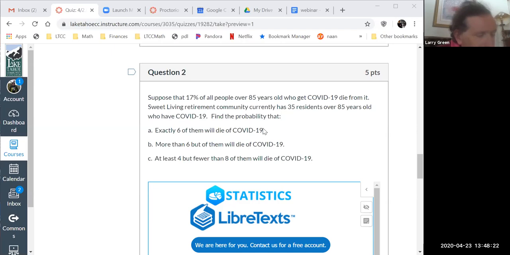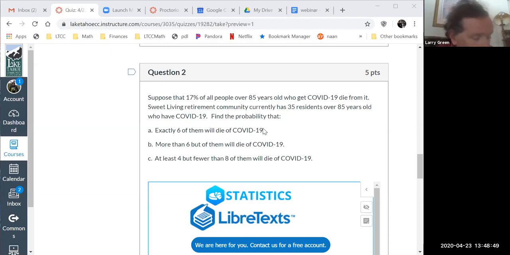So exactly 6. So I'm just going to write down in my little notes, we have 17%. What's 17%? What letter is that? It's not X, good try though. Yeah, that's P, not PX, just P. Probability of it happening.